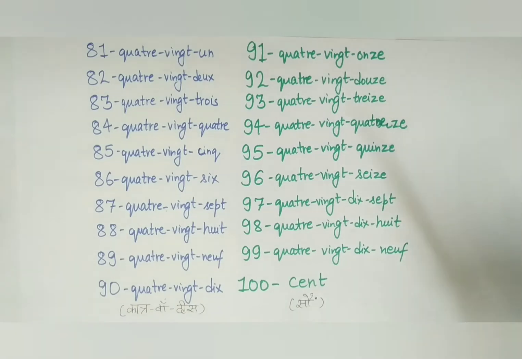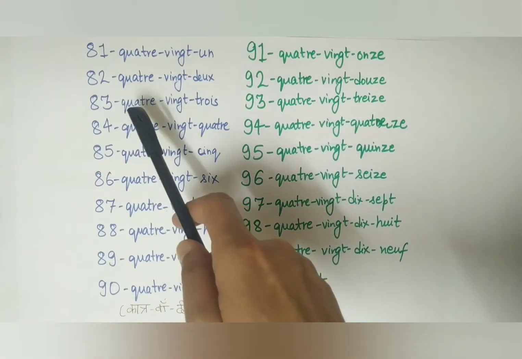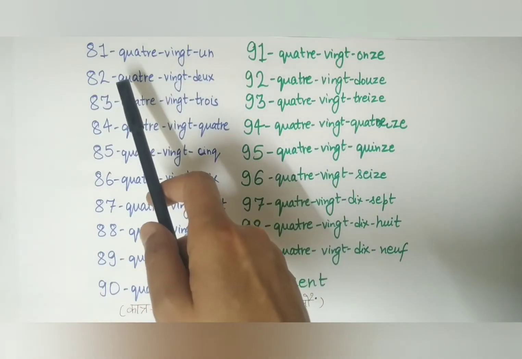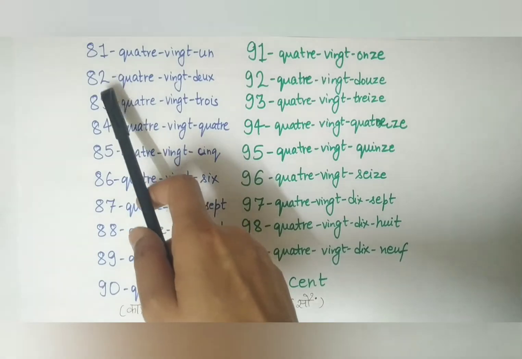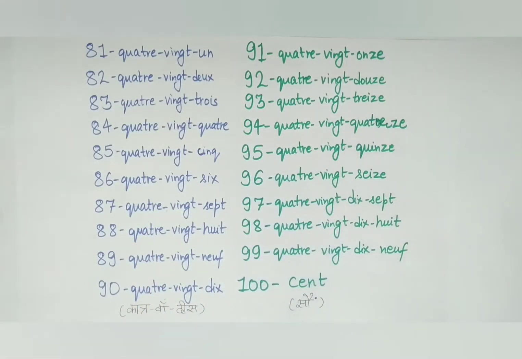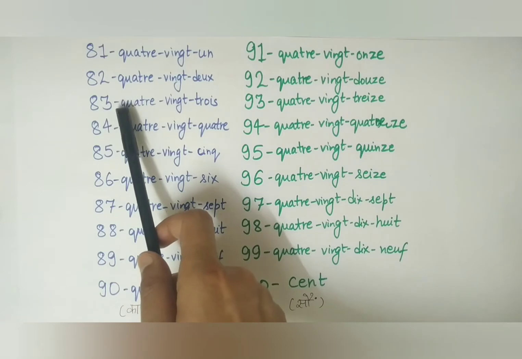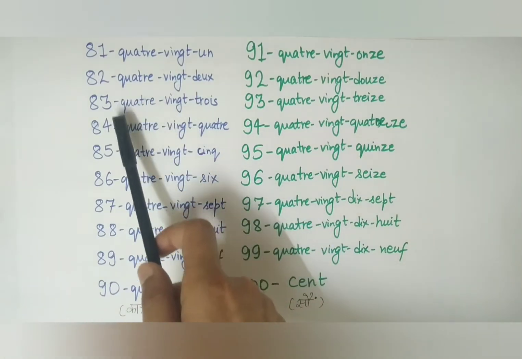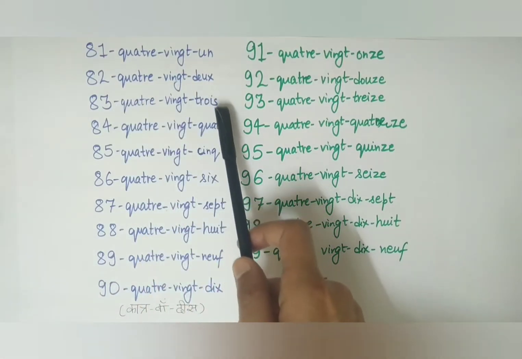So 81 is quatre-vingt-un. 82. You remember this, 80 is quatre-vingts, 4 twenties, and deux is 2, so 82 is quatre-vingt-deux. Similarly, for 83, we have 80, which is quatre-vingt, and 3, which is trois.